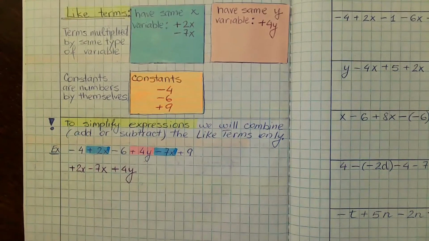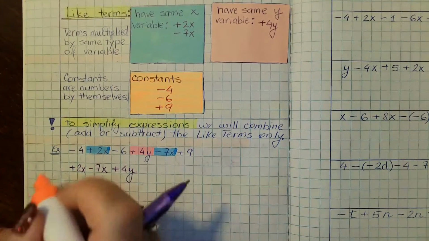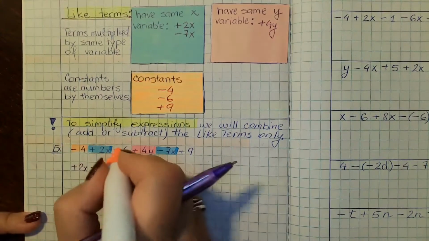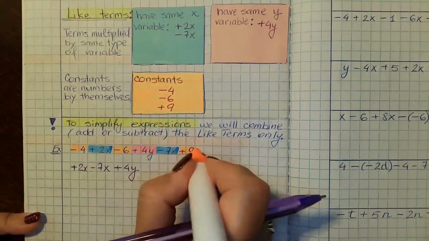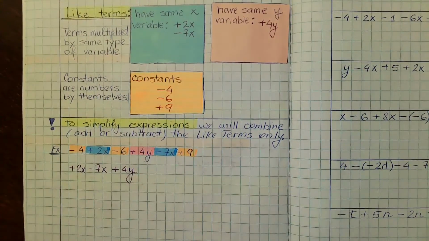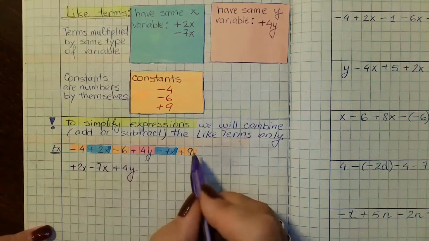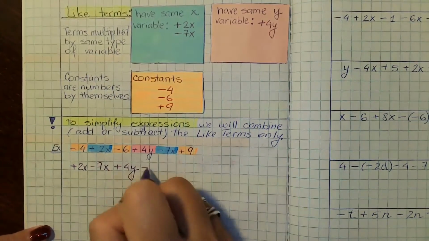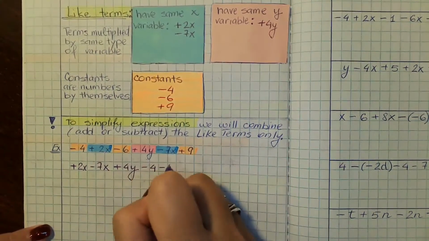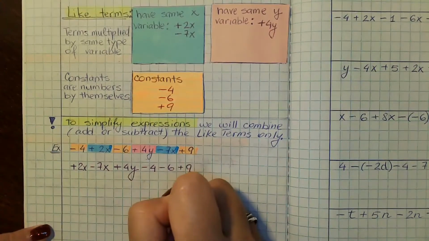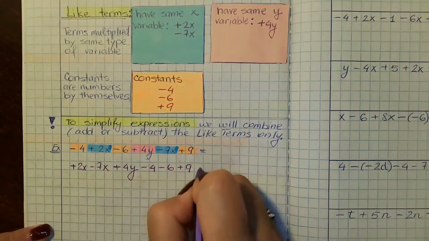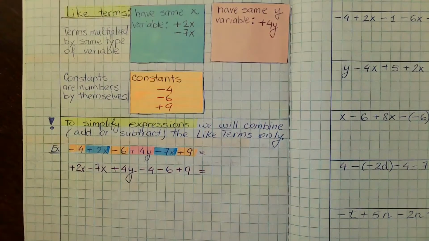Regrouping, constants are my negative 4, negative 6, and positive 9. So I have three constants and they go to the end of the problem in any order. So I'll just pick them up in order as they go. Negative 4, negative 6, and positive 9. So to simplify the expression, we regroup the terms by collecting the like terms.